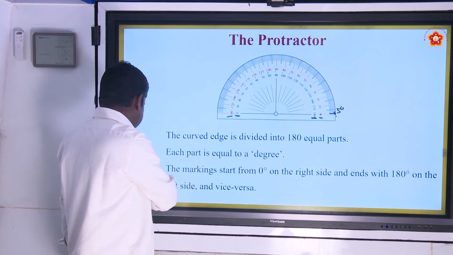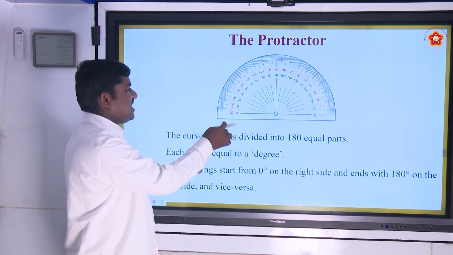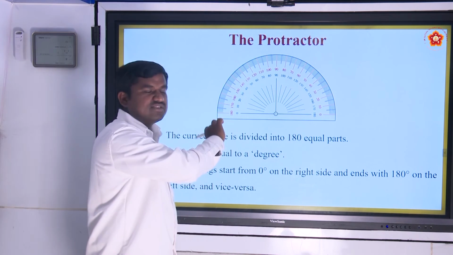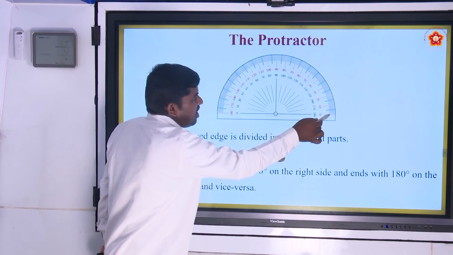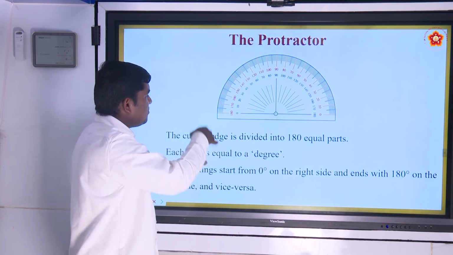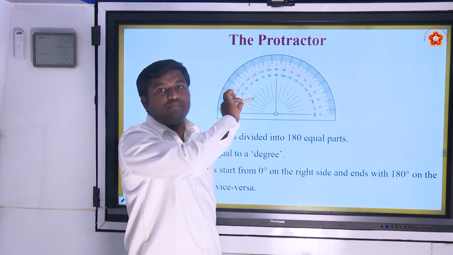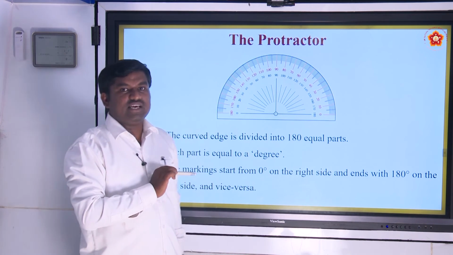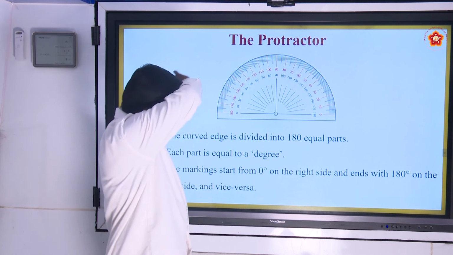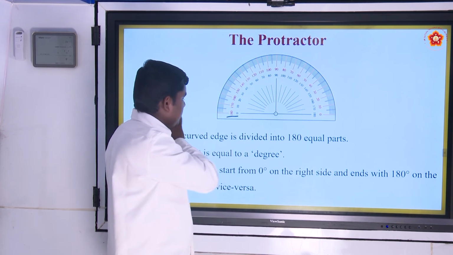So the readings are from the right side and also from the left side. This is only half of a revolution. A full revolution has 360 equal parts. Half of a revolution, 360 divided by 2, that is 180. So 180 degree.